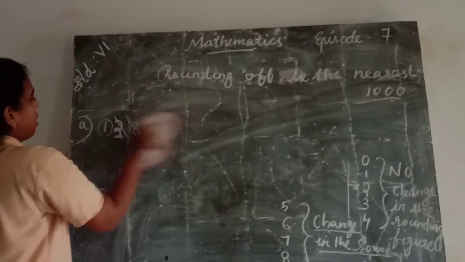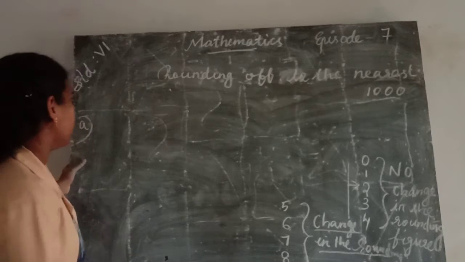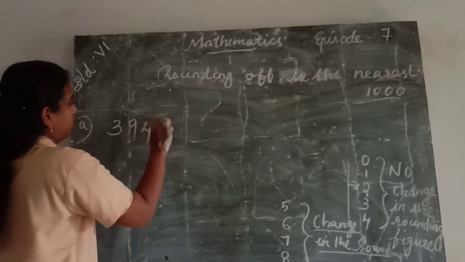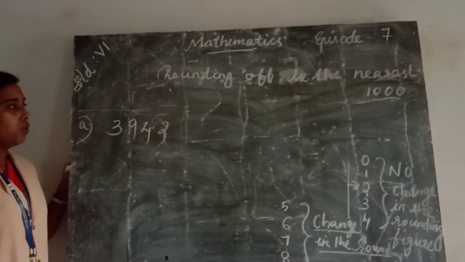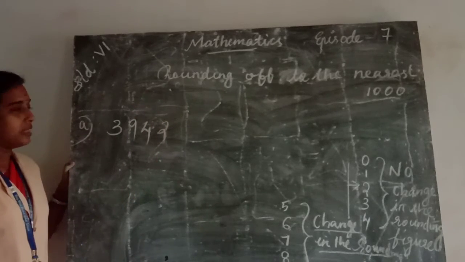And another example. 3942. We want to round the number to the nearest 1000.